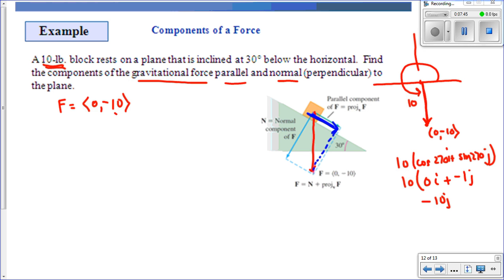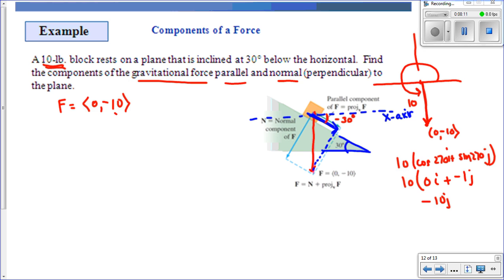Now the way to do that would be looking at a horizontal here. Assume this is your x-axis. If this ramp is at an inclination of 30 degrees here, that means that this angle here is also 30 degrees. And we can call this angle negative 30 degrees since it's below the x-axis.